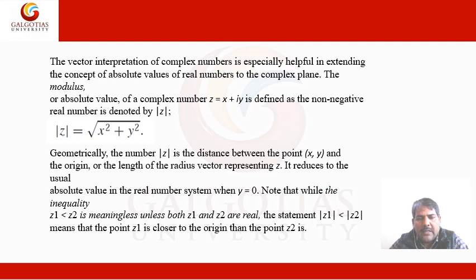Note that the inequality z1 less than z2 is meaningless unless both z1 and z2 are real. The statement mod of z1 less than mod of z2 means that the point z1 is closer to the origin than the point z2 is.